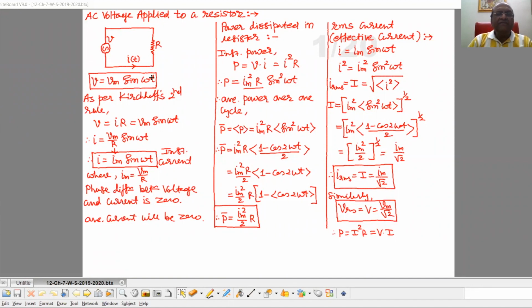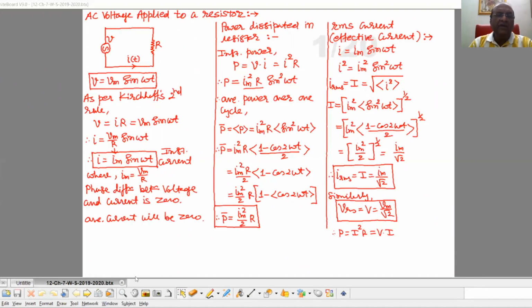It implies that the phase of both is omega t, so the phase difference between voltage and current is equal to 0. Now the average current in the circuit will also be equal to 0, because the current is continuously changing from plus Im to minus Im, depending on the values of sin omega t.